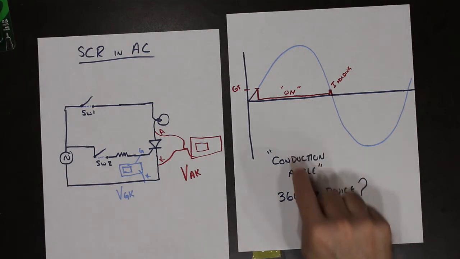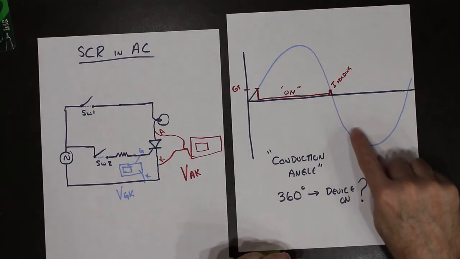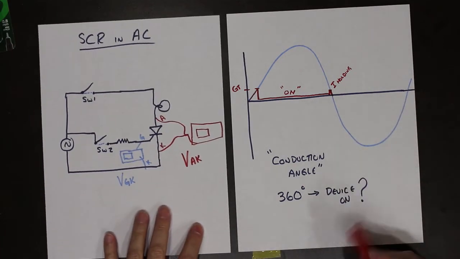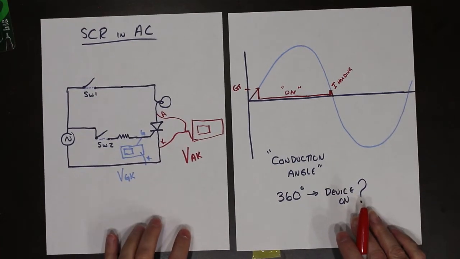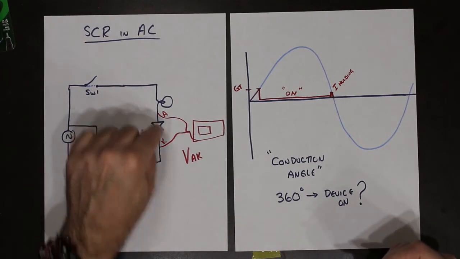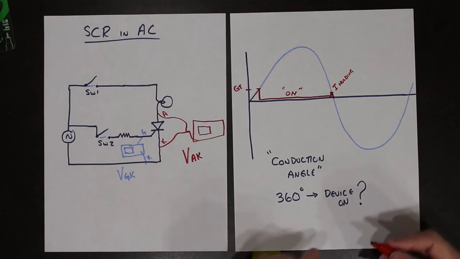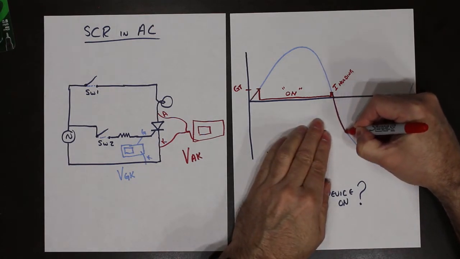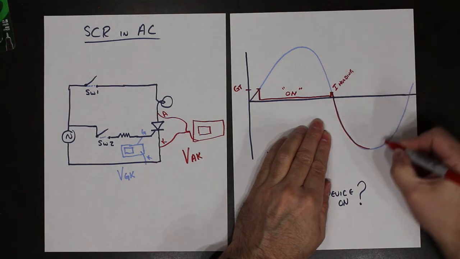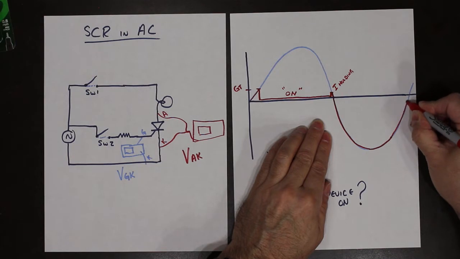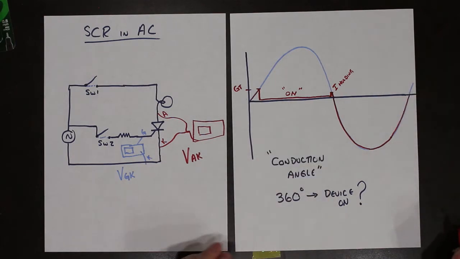In order to figure all that out, we have to figure out what's going on in the other half of our waveform. Well, since we know from previous lecture that the SCR is a unidirectional device, that means the device remains off for the entire time that the voltage is negative.